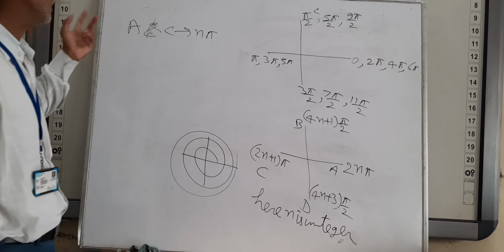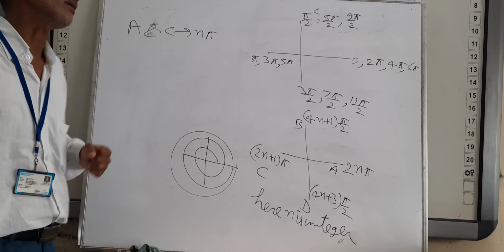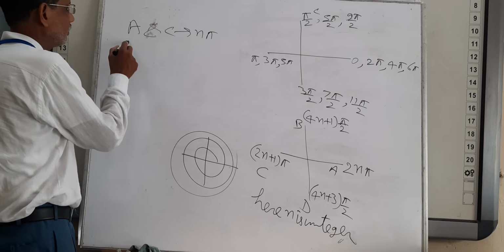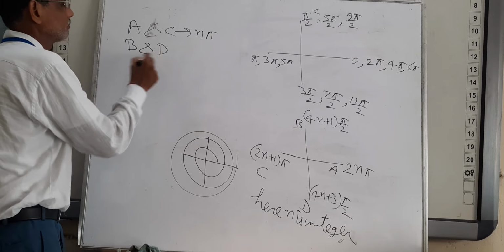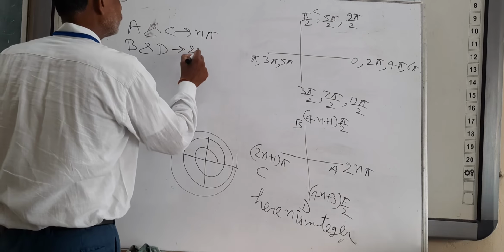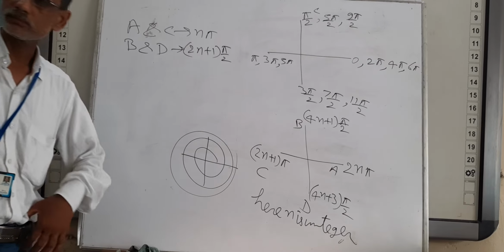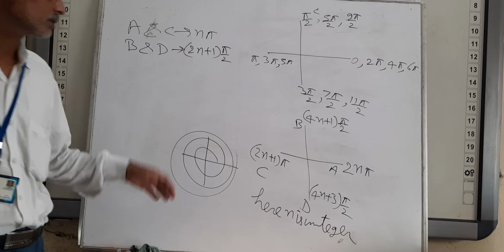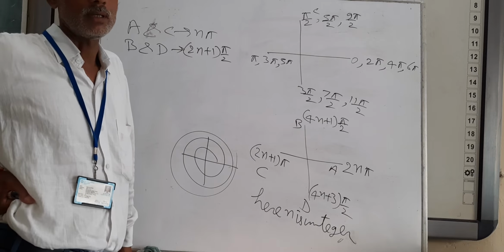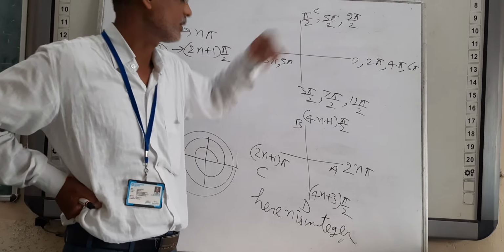So the combined name of A and C is n pi, and the combined name of B and D, that is the vertical points, is (2n plus 1) pi by 2. By putting the value of n from 0, you will find these points.